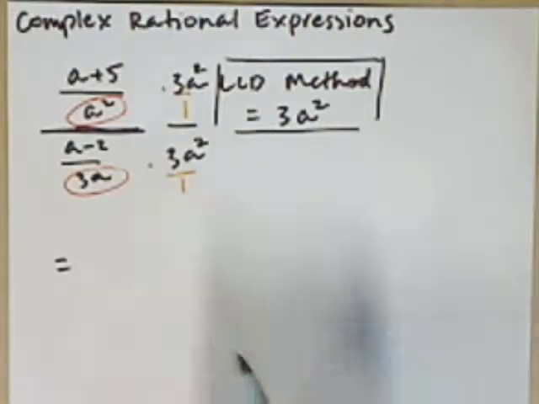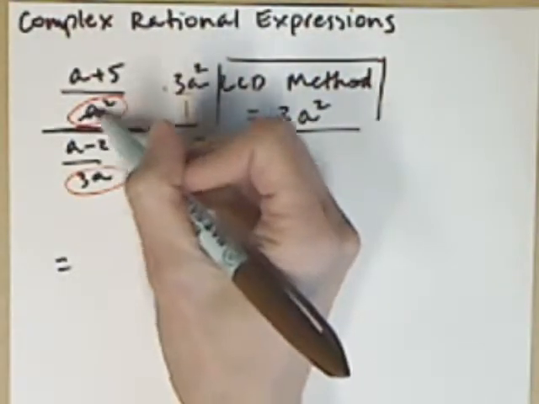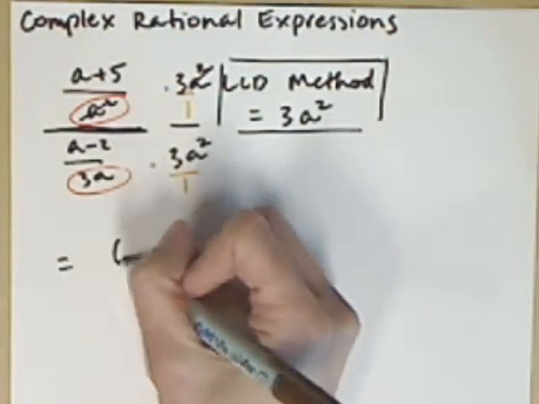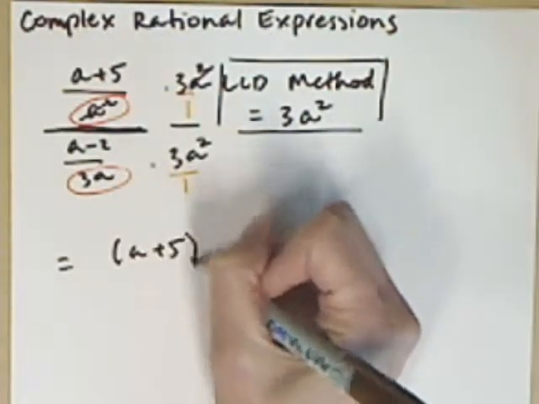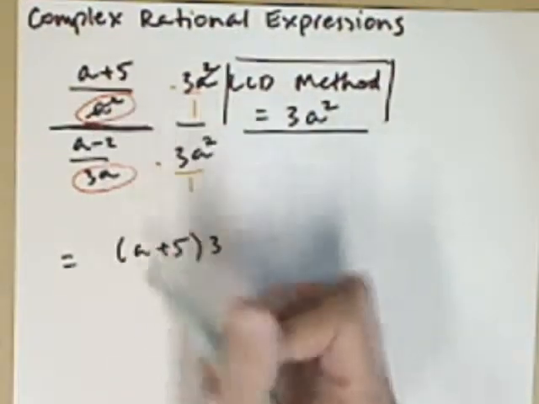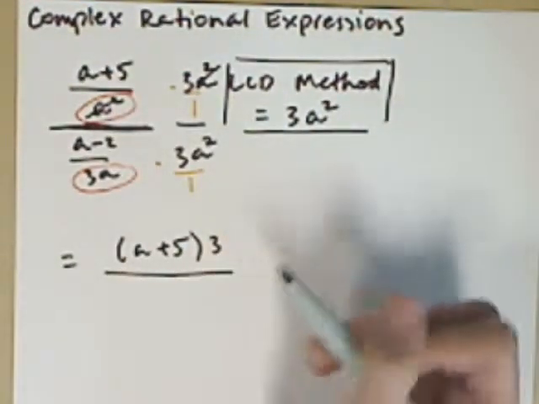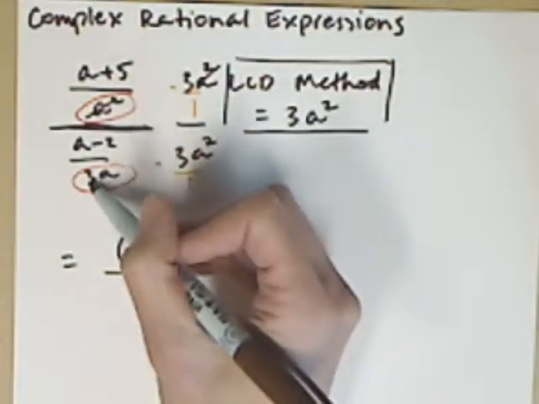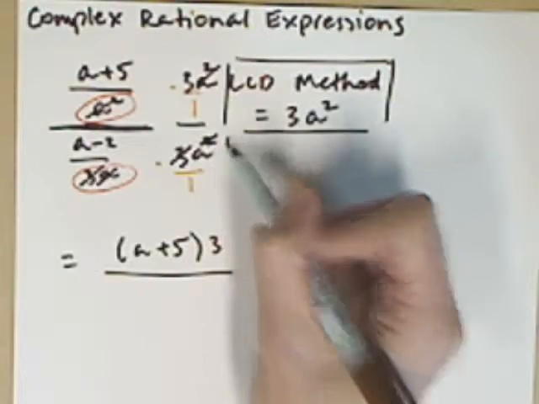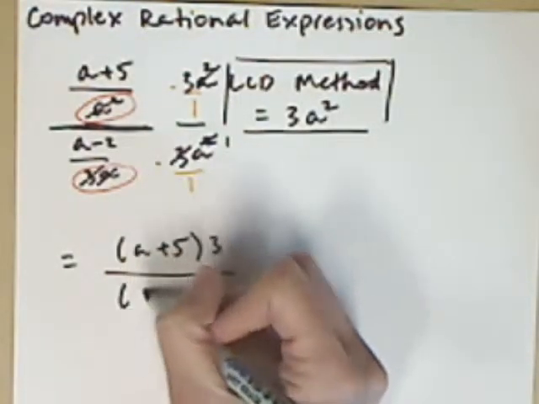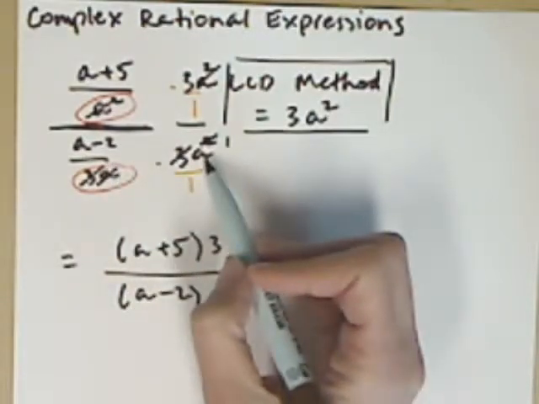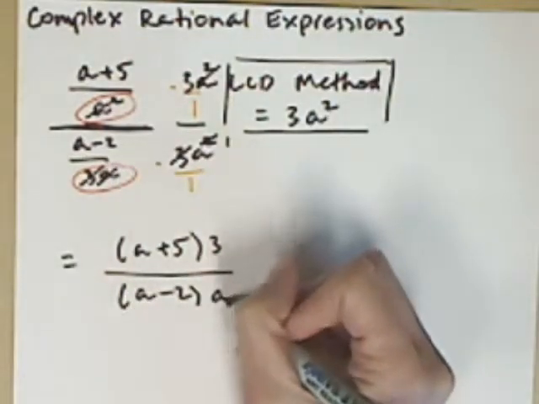Now I'm going to go through and cancel these. So I can cancel the a squared with the a squared. In my numerator, I have the entire a plus 5, still multiplied by a 3, so I use parentheses, but there's no more denominator up there. On the bottom, I can cancel the 3 and an a, which leaves me with 1a left. So I've got the a minus 2, but still this entire polynomial here is multiplied by the leftover a.